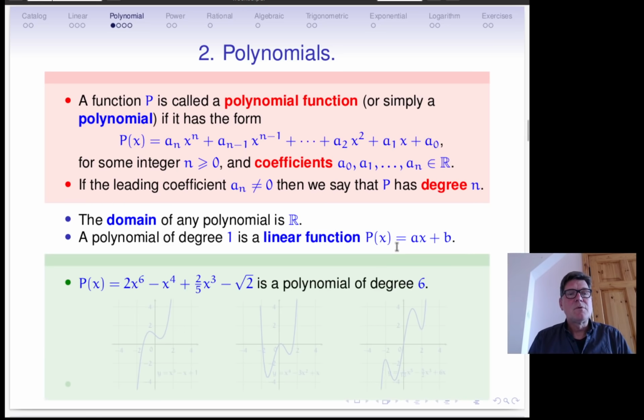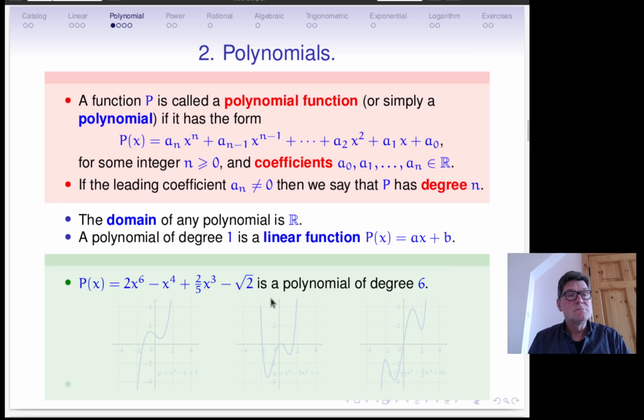Here's an example of a polynomial of degree 6, p of x given by the formula 2x to the 6 minus x to the 4 plus 2/5 x cubed minus square root of 2. And that's how polynomials can look.